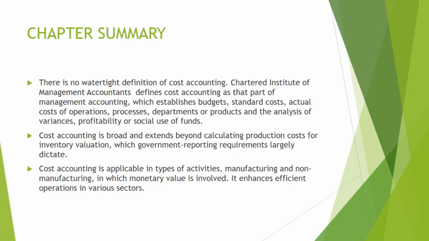Another difference is that cost accounting provides data for internal use by management, while financial accounting provides data for both internal and external uses. The last difference is that cost accounting emphasizes relevance and flexibility of data, while financial accounting emphasizes more on objectivity and verifiability.